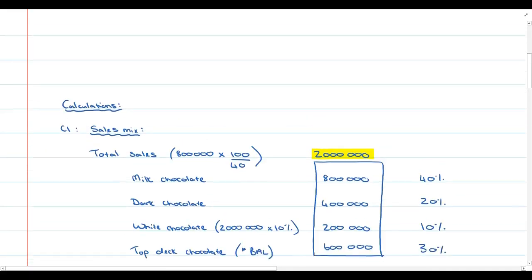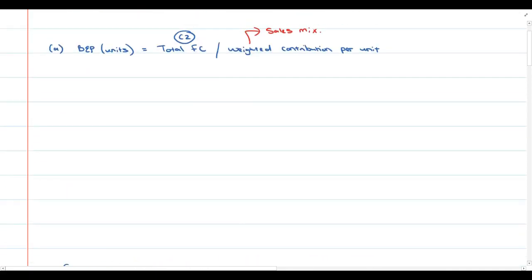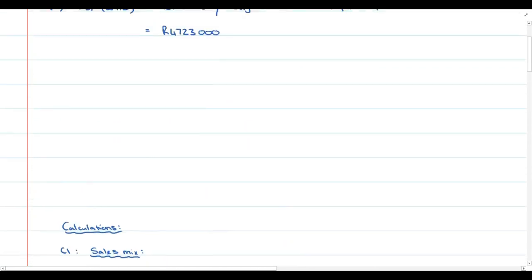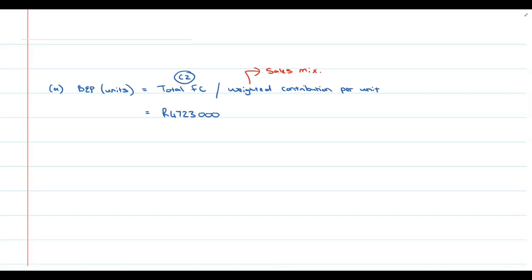And we can then include that in the formula above. Then next we need to calculate, that can't be calculation 3. We've already had calculation 3 for the admin costs. So this is now going to be calculation 4, where we look at the weighted contribution per unit.